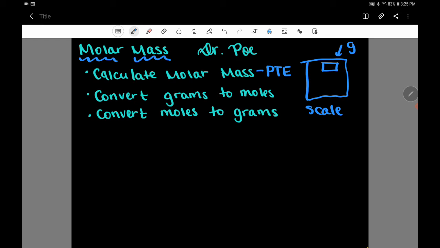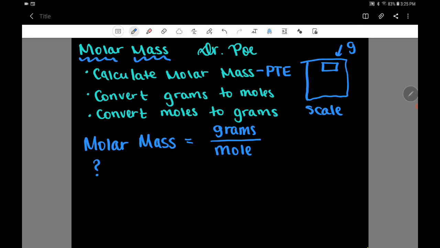Okay, so starting with molar mass. Our molar mass is going to have units of grams per mole, and it's always per 1 mole. The number of grams changes, and so basically the molar mass is going to be unique and a constant for each chemical formula.